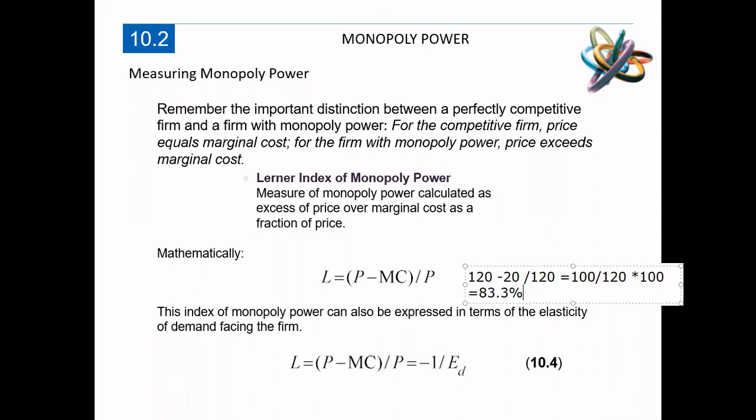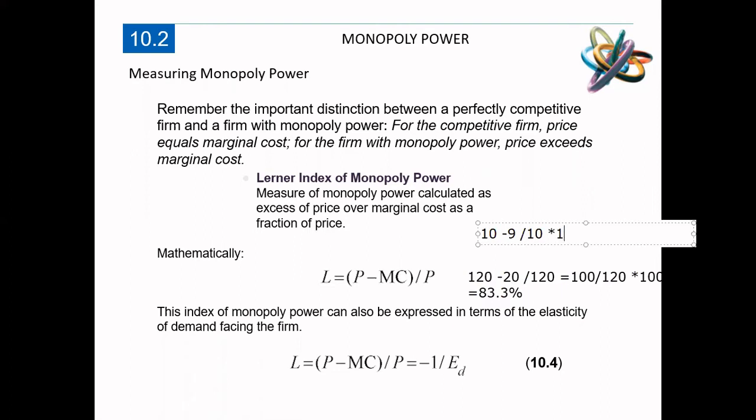So if I have a simple product in a very competitive market with a lot of competition, let's say the price is 10 and the cost is 9, with respect to the price, which is 10. So 1 over 10 will be 10%.